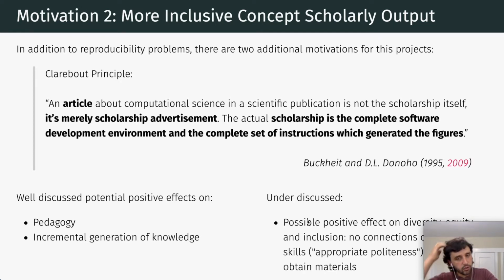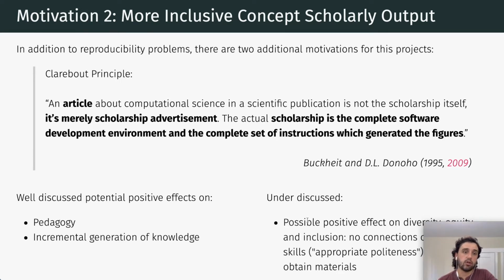One dimension where it's under-discussed, and we want to highlight it, is that this idea of a larger output of scholarship can have potential positive effects on diversity, equity, and inclusion. In order to access the materials, the data, the code, you do not need to be at the right university, you do not need the right connections, you do not need the right language.